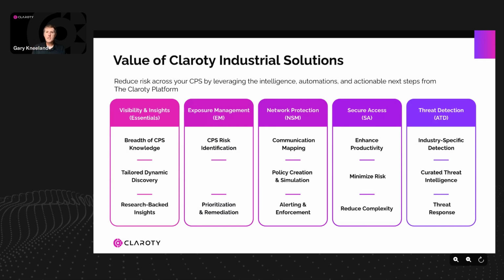We also have a whole section around network protection that's all focused on things like putting in microsegmentation or more restrictive firewall rules to actually be able to start applying segmentation controls. We also have a whole process that's specifically built around secure remote access. So we have our Exome Secure Access line that is built around allowing third-party remote access into plant environments.